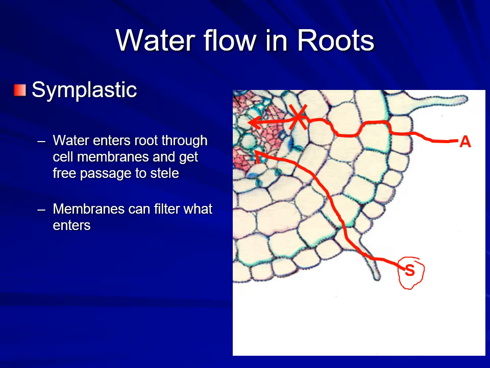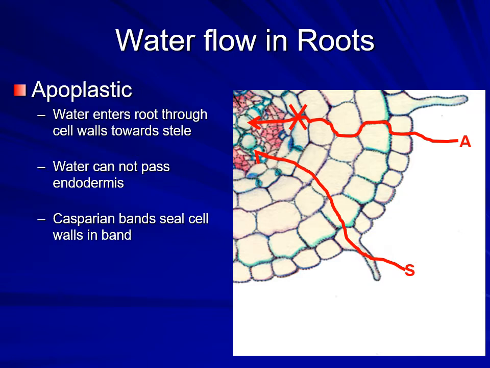If we look at another method for nutrients and water entering plants, it's apoplastic. And with the apoplastic, with the A over here, what happens is the cell walls, every cell in a root is surrounded by a cellulose wall, right? And think of a cellulose wall as like kitchen towel, paper towel.